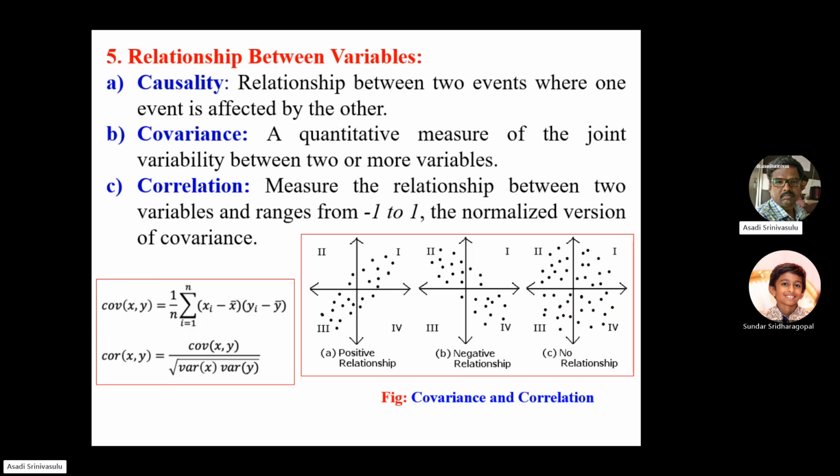A computer virus is different from the pneumonia virus, COVID-19 virus, or Omicron virus. These are very dangerous viruses. That means two events where one event is affected by the other, and that is called causality.